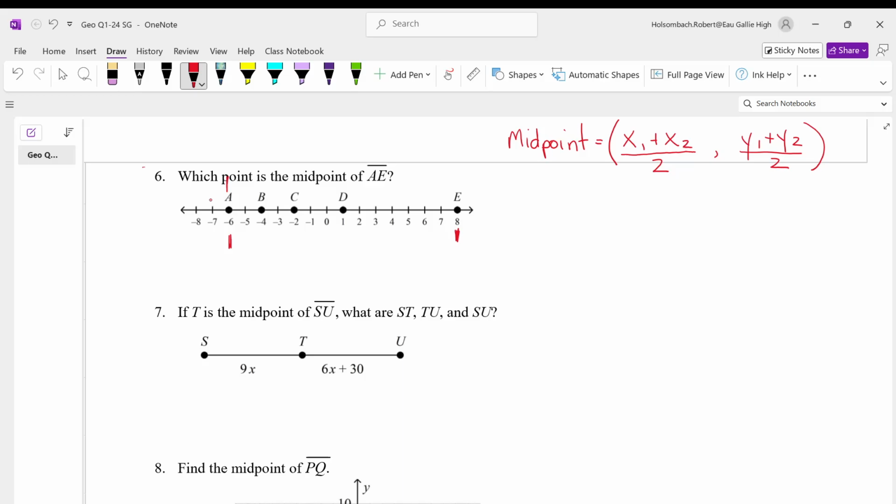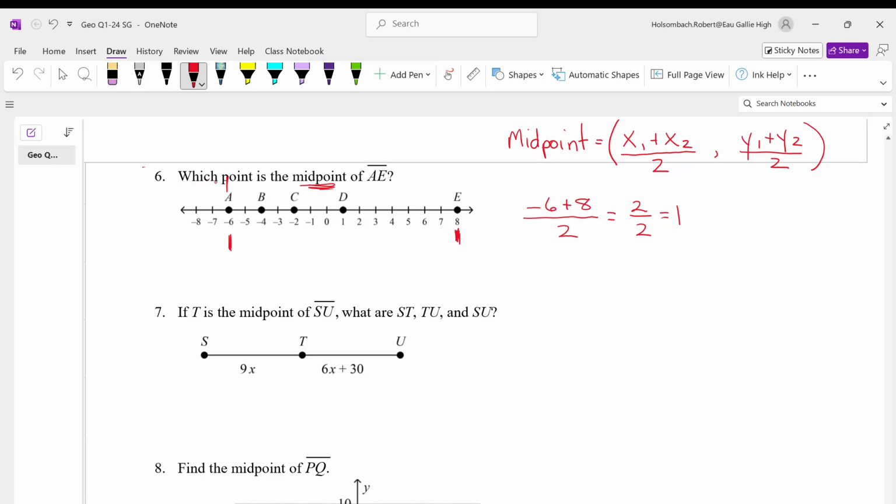If you're on a number line and you just need to find the midpoint, you add the two coordinates together and you divide them by 2. So you would take -6, add it to 8, and divide by 2. -6 plus 8 is 2, and 2 divided by 2 equals 1.